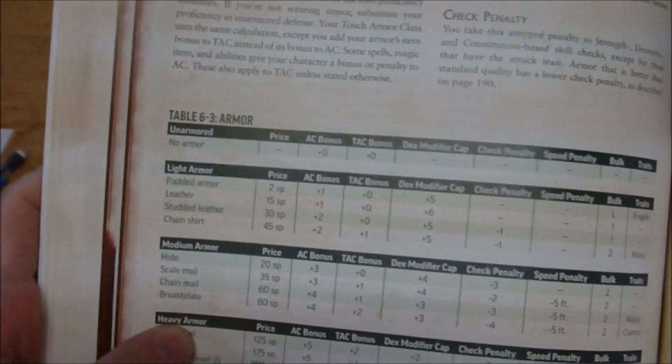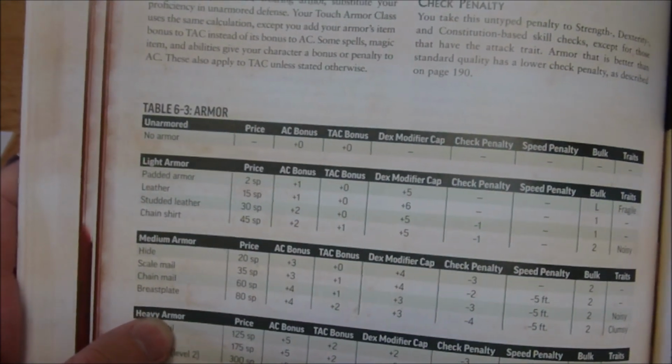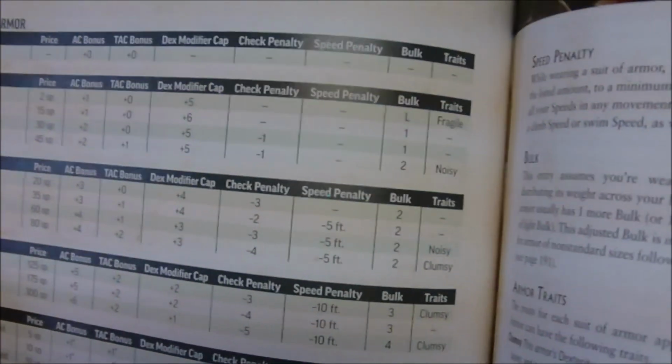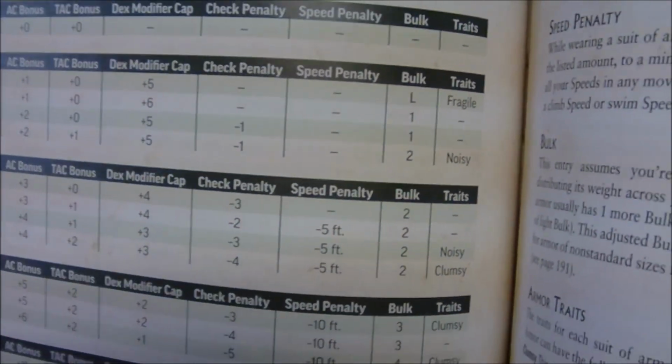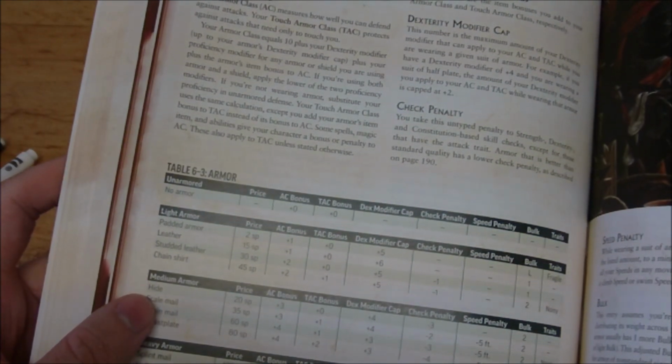Alright, so studded leather is probably the armor that I most want to pick up here. Although chain shirt only has a penalty of -1, it does have a bulk rating of 2. So the way that bulk works is you have different categories.